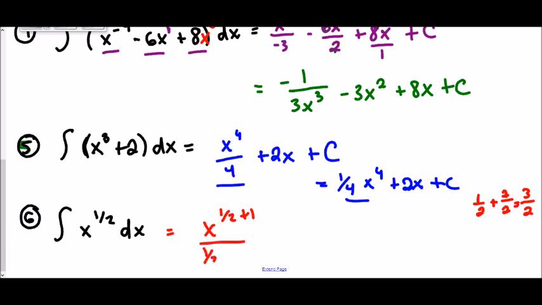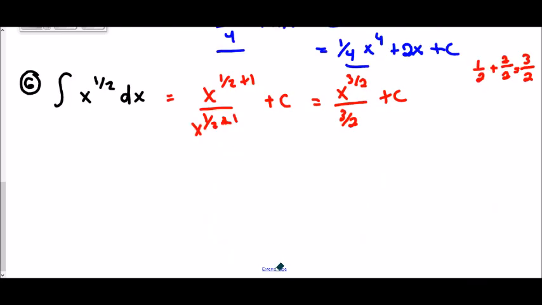So you divide by that same number, plus C. We have x to the 3 over 2 divided by 3 over 2 plus C. Now dividing by a fraction means keep, change, flip.